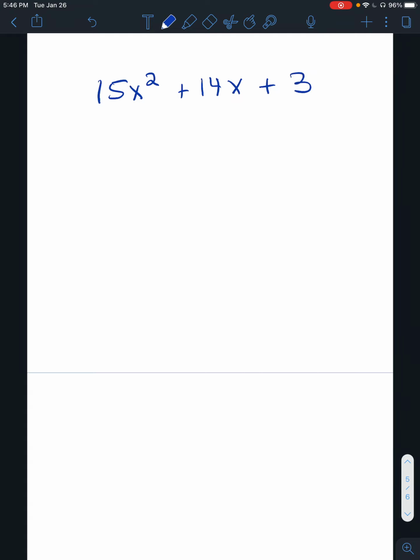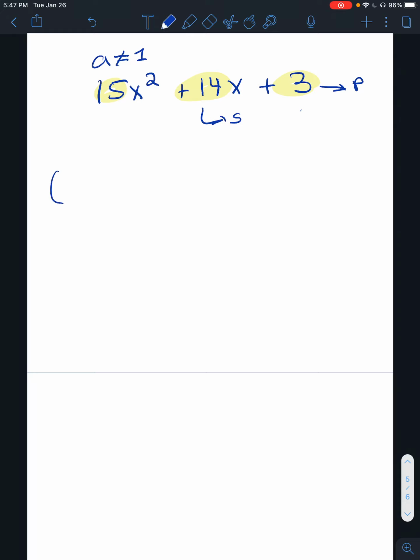So this is the procedure I've always done. I've always noticed product, sum, and I noticed this time that a does not equal 1. So I know somehow that my a values are going to affect this process of factoring.